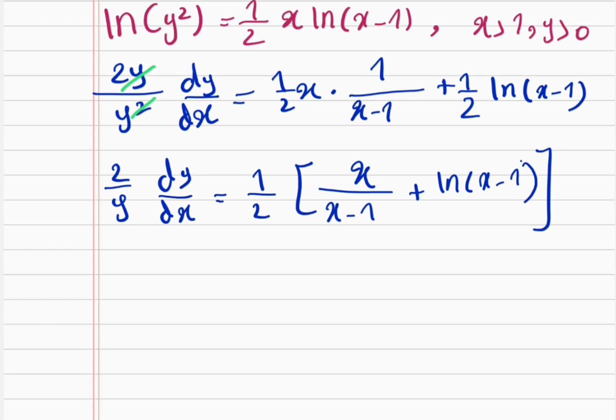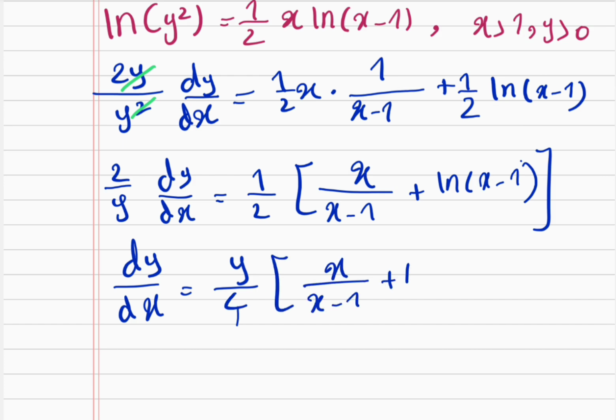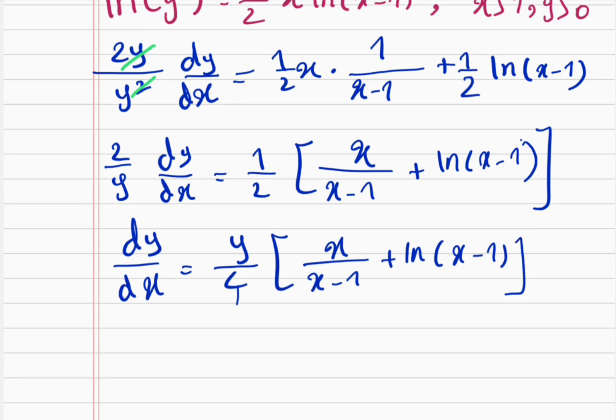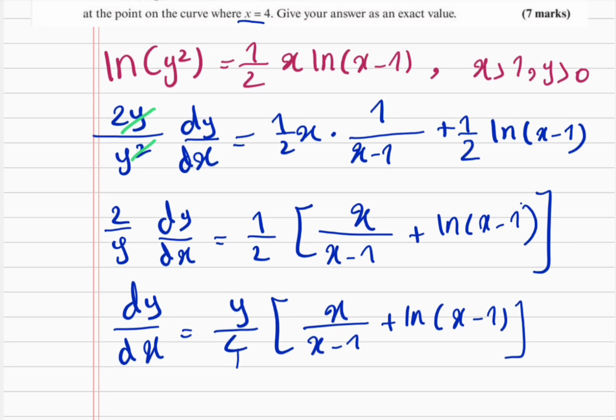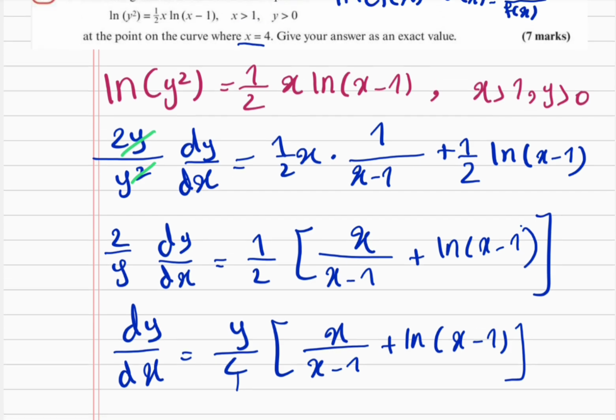Now we can divide both sides by 2 over y. So we'll get dy dx is equal to y over 4 times x over x minus 1 plus ln x minus 1.